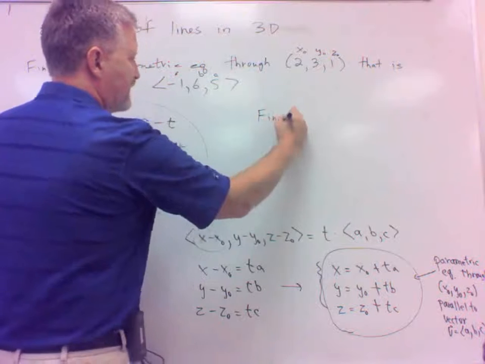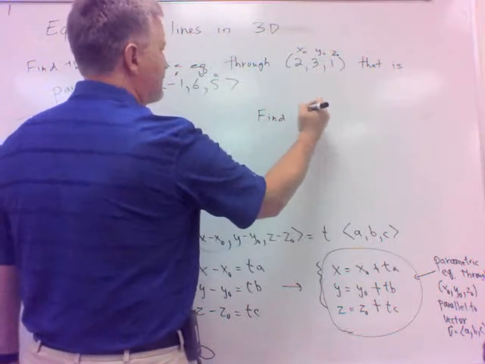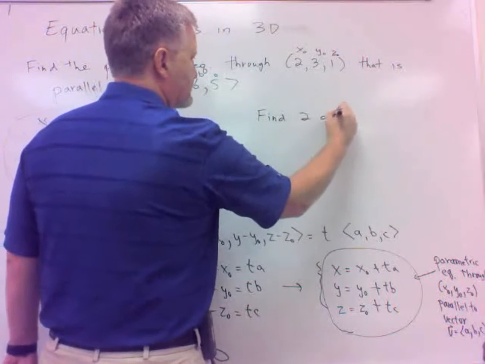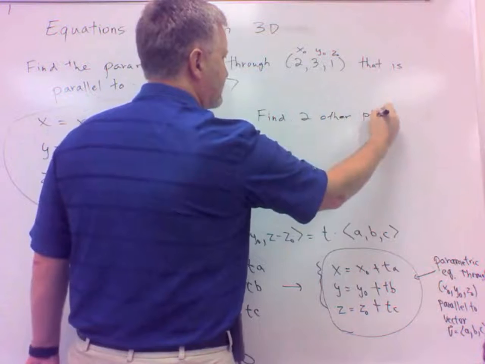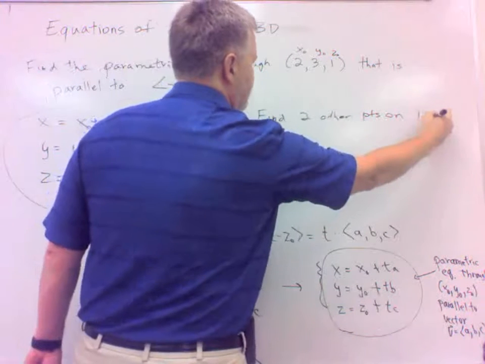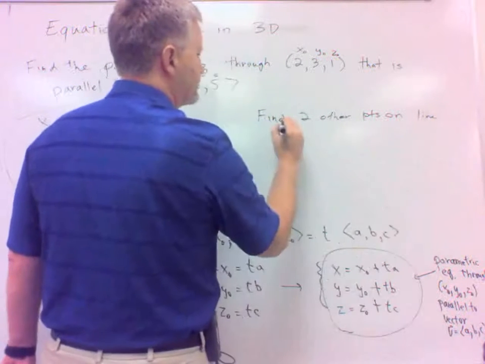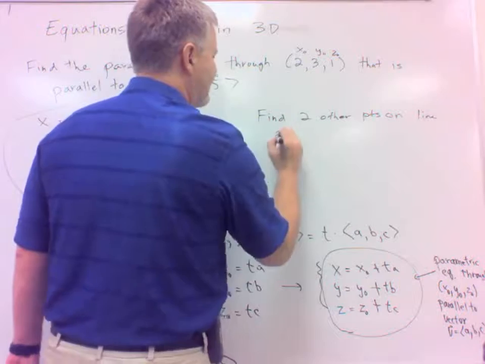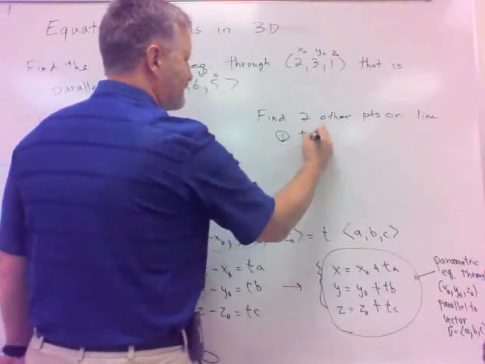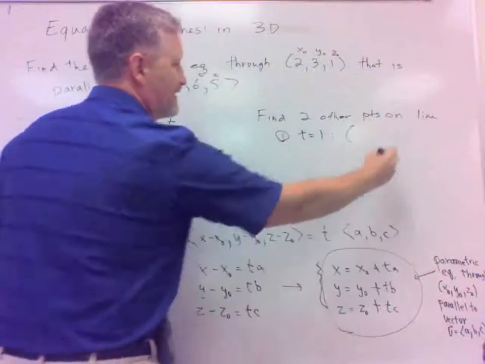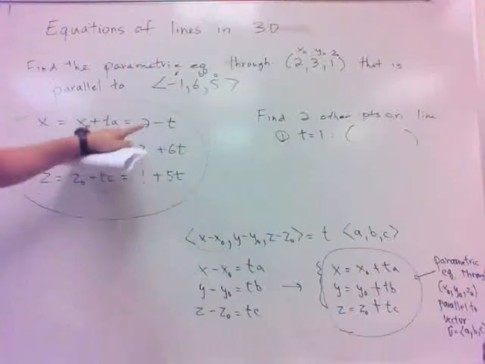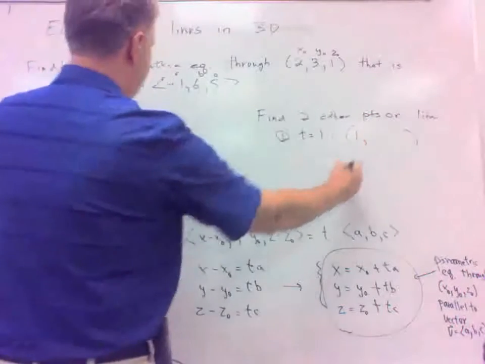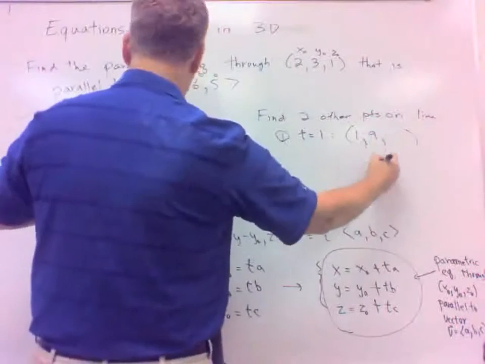So if I wanted to find 2 other points on this line, how would I do that? Yeah, we could do t equals 1, and that would give us an x, y, z, right? If t equals 1, we'd have 1, 9, 6.